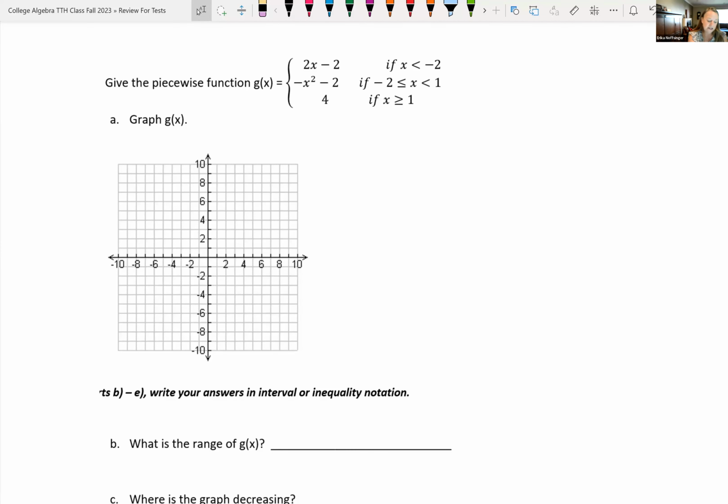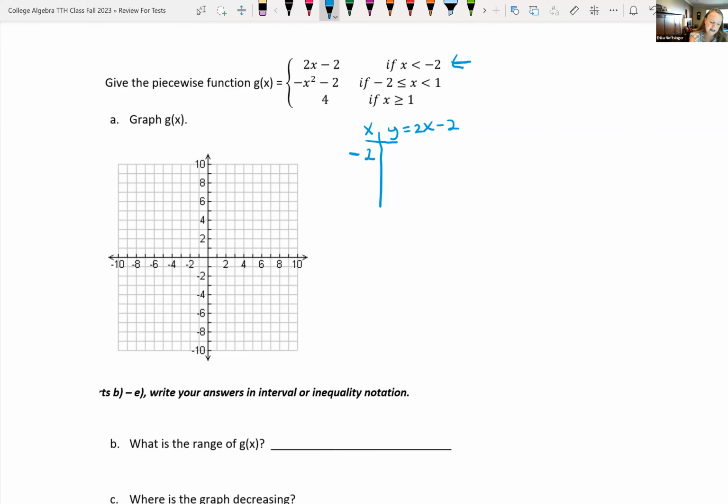So when you're graphing these, you want to make sure that you're staying within your domain for each equation. The only thing is, if you have an endpoint of your inequality, you want to see what's happening there no matter what, even if it's not included. So in this case, negative 2 is not included, but I want to see what's happening at negative 2 for this first equation, y equals 2x minus 2.